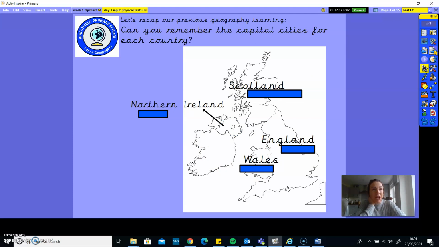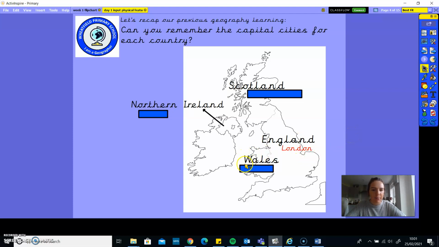Okay, next job, bit trickier. Can you remember the capital cities for each country? Let's start with England. This one I reckon we will know. The capital city of England, the big city where the Queen lives, begins with an L. Can you remember? It is London. So the capital city of England is London.